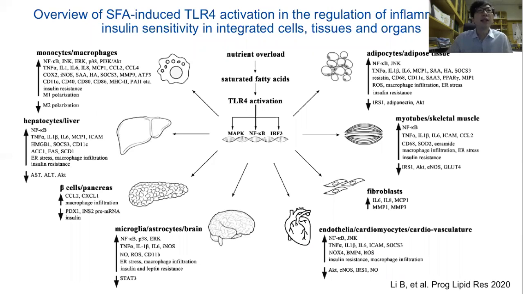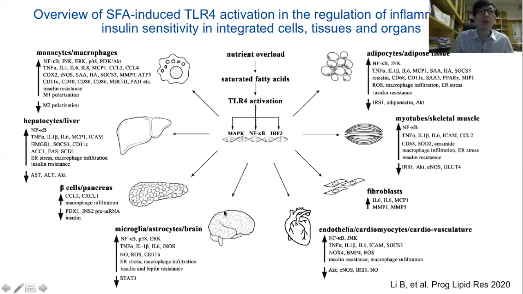Toll-like receptor 4 activation could also occur in skeletal muscles, and you can see basically similar molecules are activated, leading also to macrophage infiltration, ER stress, and insulin resistance. You will also see that in the pancreas, the SFA would induce the overexpression of inflammatory molecules, ultimately leading to reduced insulin secretion and enhanced macrophage infiltration into the pancreas.